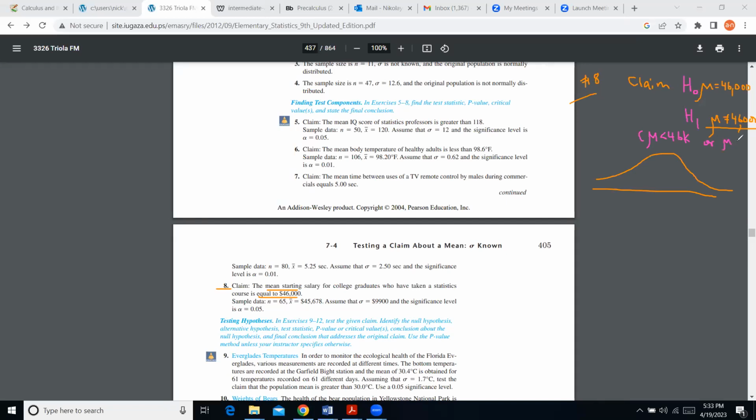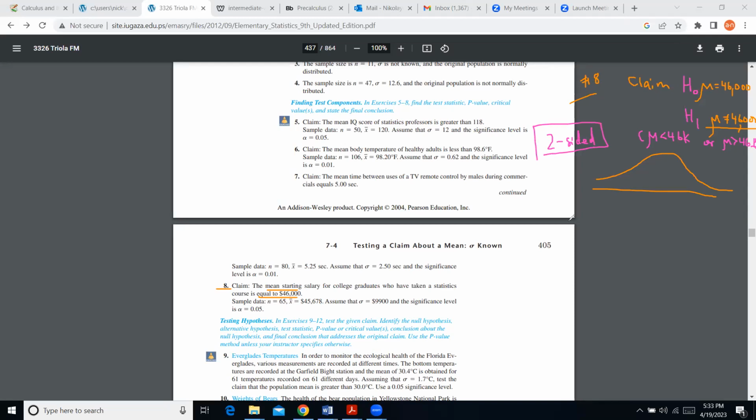So not equal means it's either less than or greater than 46,000. And that's what you had to say here for the quiz. It's a two-sided hypothesis, and that's all we needed.